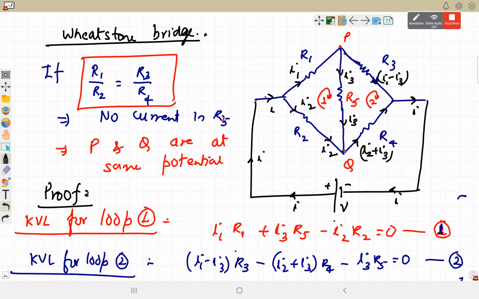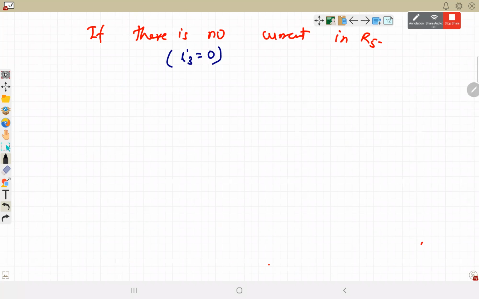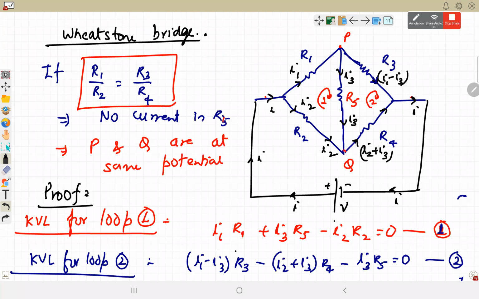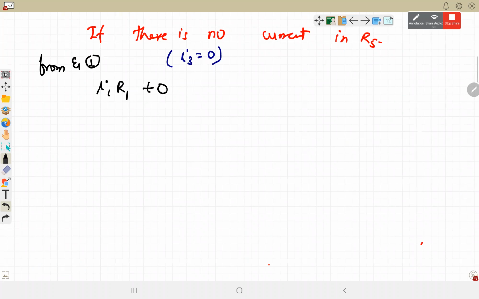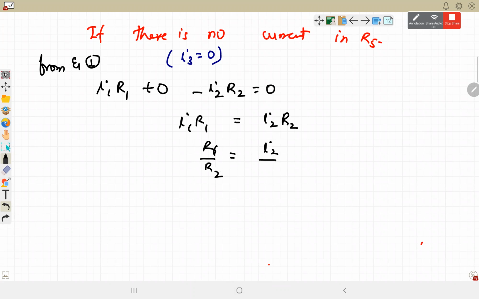In equation number 1, it becomes I1 R1 plus I3 R5, which becomes 0, minus I2 R2 is equal to 0. So from here I1 R1 is equal to I2 R2. R1 by R2 will be equal to I2 by I1.